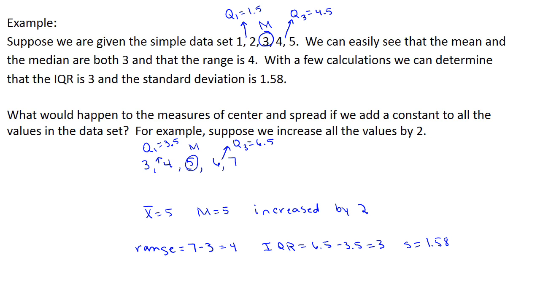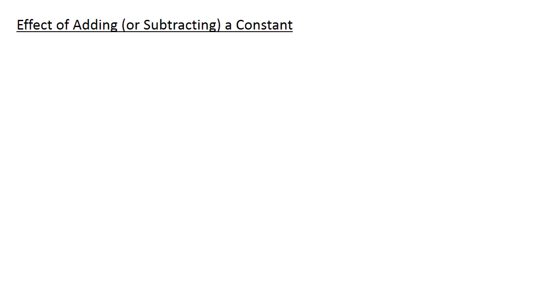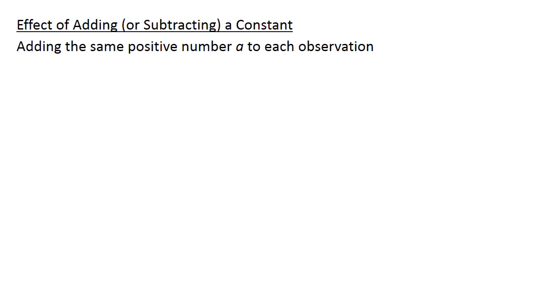So in other words, adding a constant to all the observations in our data set increased all of the measures of center and position by 2, but it didn't do anything to the measures of spread. So let's summarize that. What's the effect of adding or subtracting a constant?